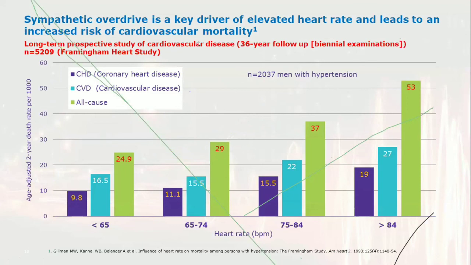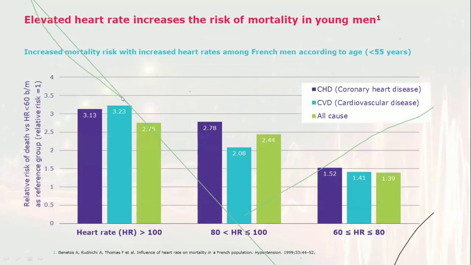And when we look at the risk of cardiovascular mortality at different heart rates, you will find that when the heart rate is lower, the incidence of coronary heart disease, cardiovascular disease, and all-cause mortality is reduced in comparison to when the heart rate goes up beyond 70. And beyond 80, you will find that it is much more increased. There's an increased incidence of coronary heart disease, cardiovascular disease, and all-cause mortality in our patients.